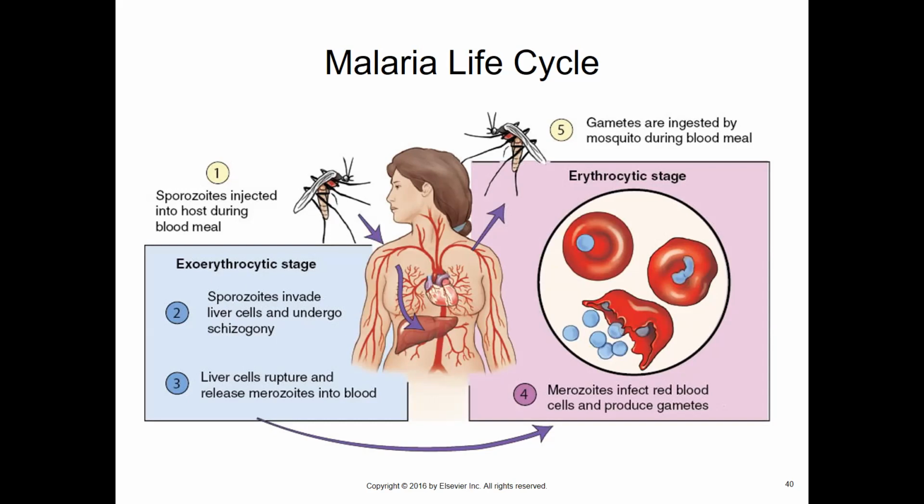This schizogony is where they have asexual reproduction. It occurs in some protozoa, especially the parasitic ones.